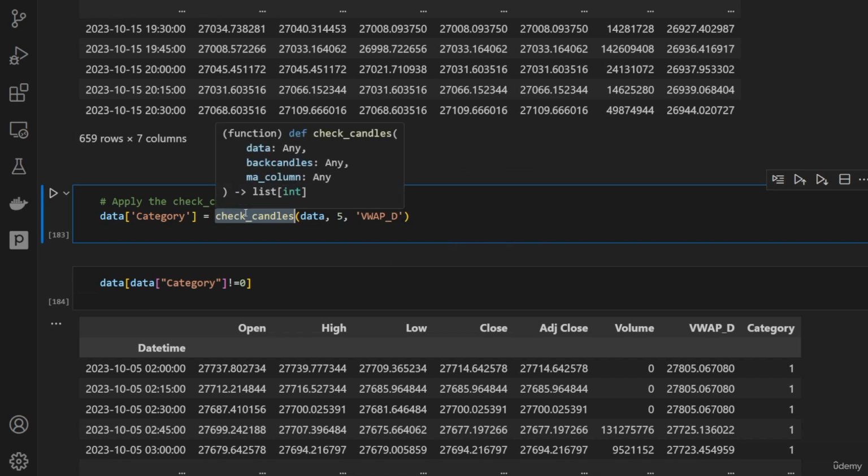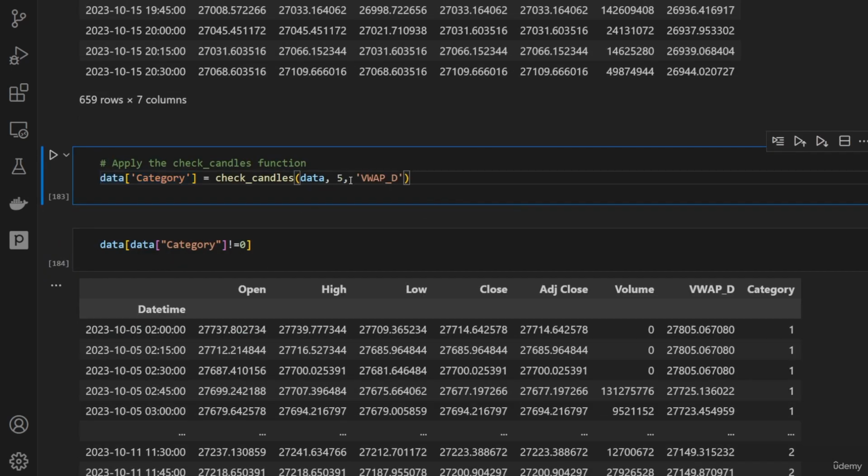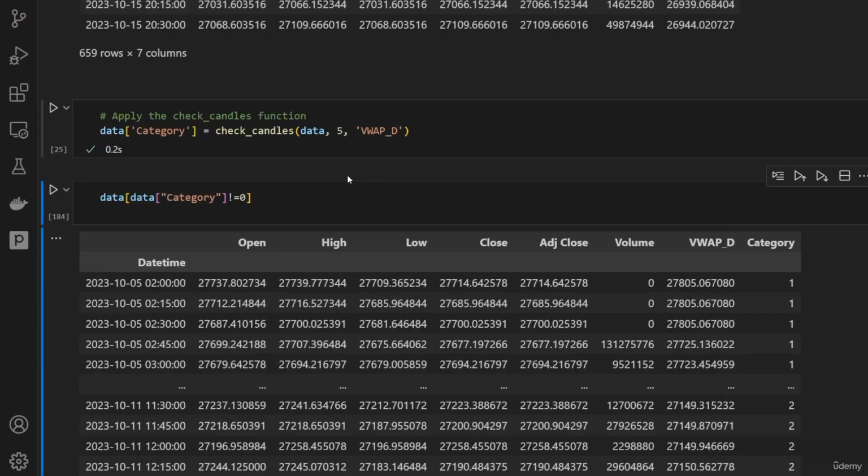And this function is going to check if I have 5 consecutive candles that are above or below the VWAP curve, in which case we have an uptrend or a downtrend, and the result is going to be saved in this new column data category in the data frame. So let's run this one. And this is how we can recycle previously defined functions. We don't have to redefine everything. Sometimes it's very simple to recycle.